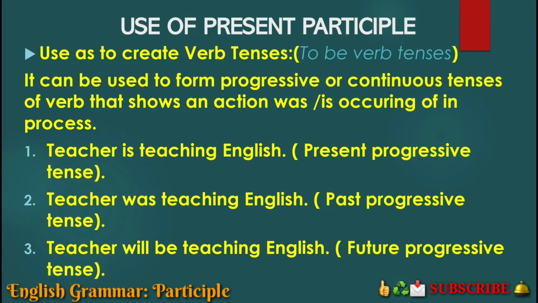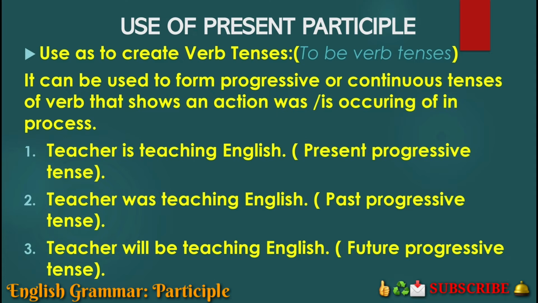Now, one more important use of the present participle is that it can be used to create verb tenses. Students, earlier I have told you about it. So, the present participle can be used to make tenses. It can be used to form progressive or continuous tenses of a verb that shows an action was or is occurring, in process.